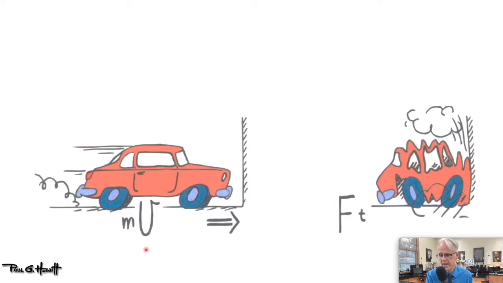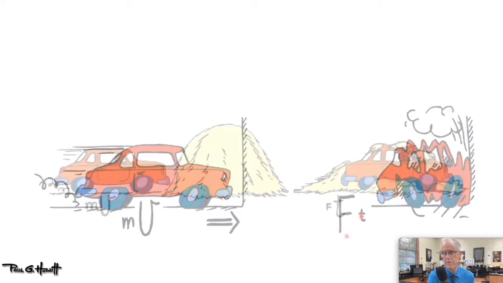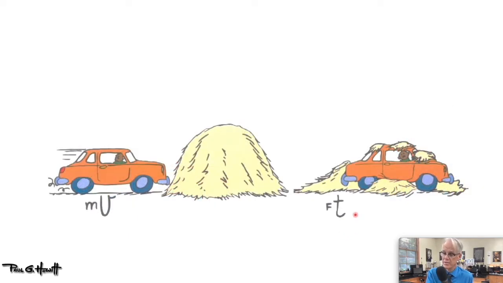In both of these cases, we are changing the momentum, and we are equating that to the impulse, force times time. The change in momentum, going from some momentum to zero momentum, will be the same, and we can change that momentum by either applying a large force with a small time, or a large time with a small force.